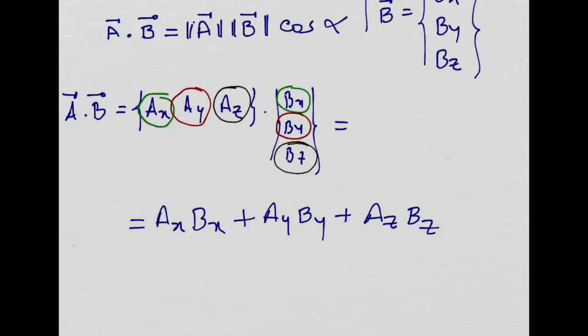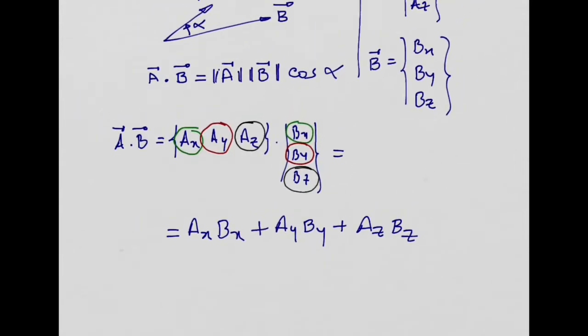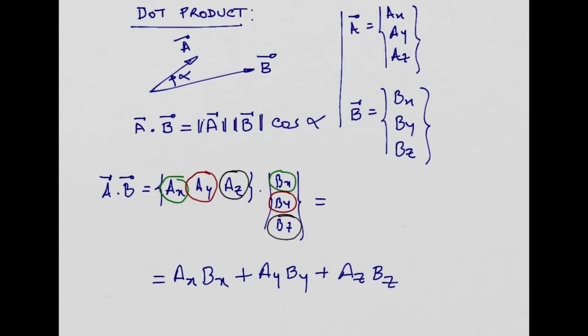So two different ways of calculating the dot product. They are summarized here. The first one is if you know the norm of these two vectors, A and B, and if you know the angle between the two vectors, you just multiply the norms with the cosine of the angle, right? And then you get the internal product, or the dot product.